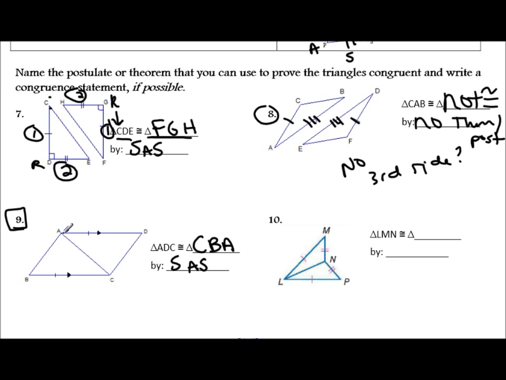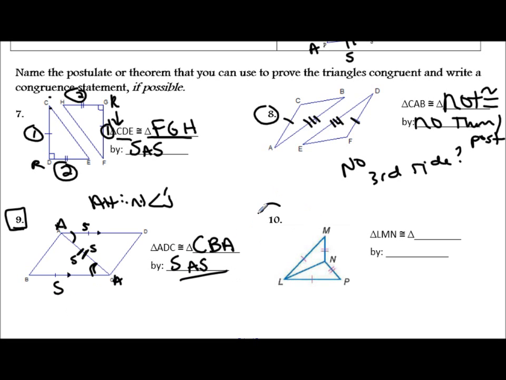First thing we mark is side AC congruent to side AC, and then the parallel line angle relationship gives us angle A congruent to angle C because of alternate interior angles. So in this first triangle we have a side, an angle in between, and a side. And in BCA we have the side, an angle in between, and a side. So it's side angle side.